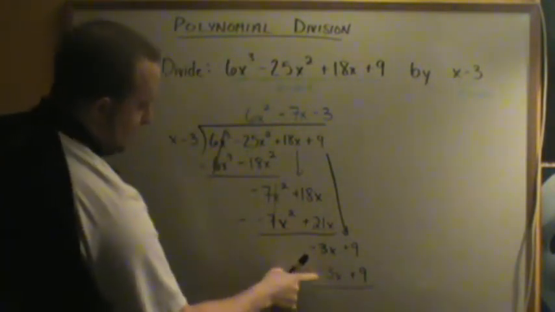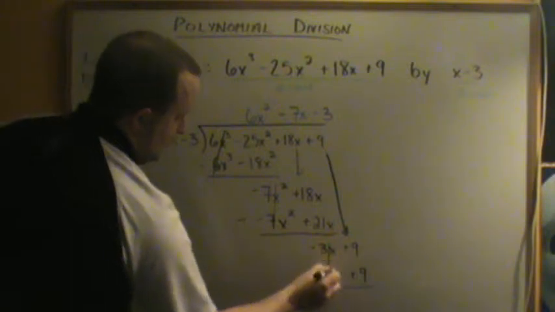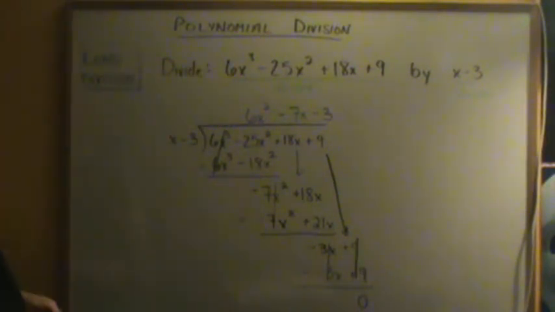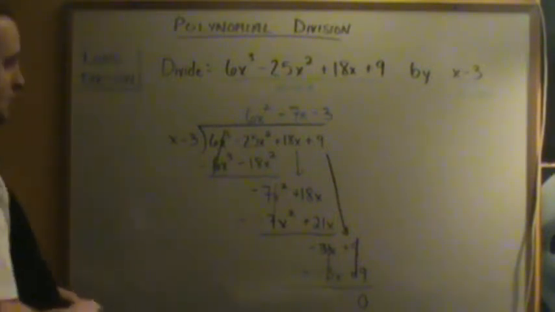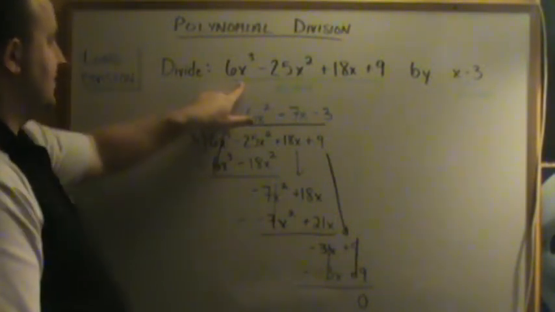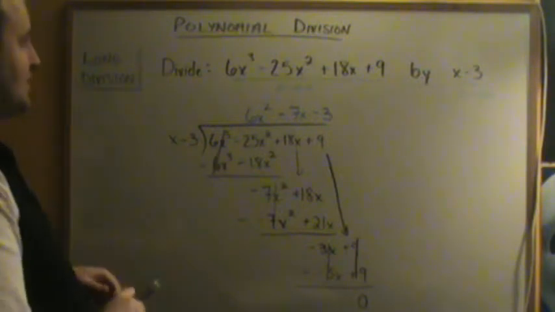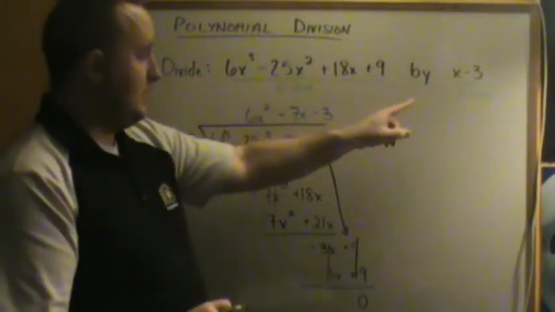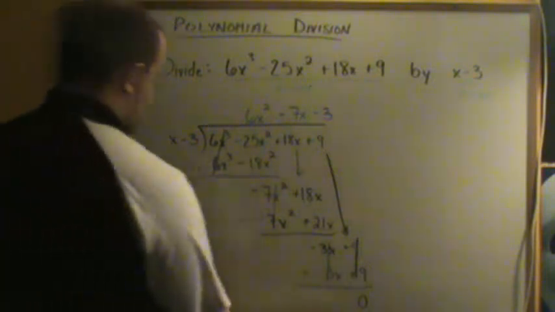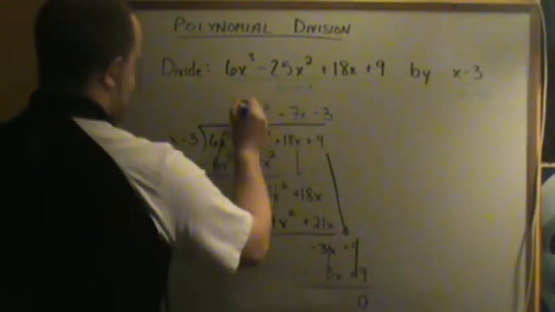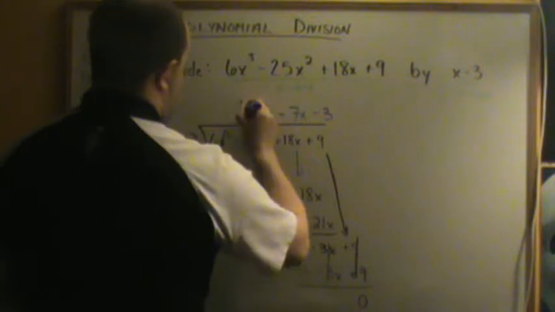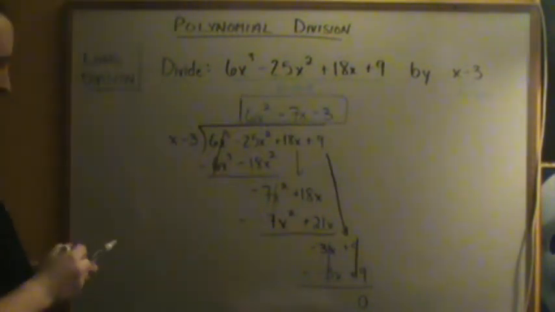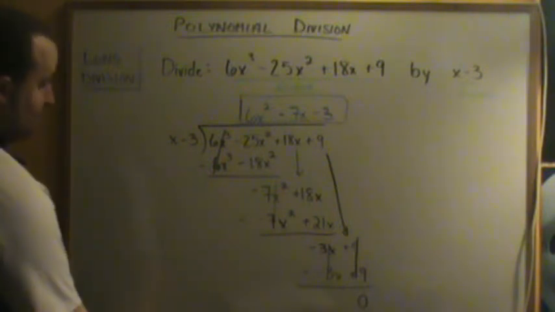And when we subtract each of these terms, they're going to go away, and you're left with a remainder of 0. So when we divide 6x cubed minus 25x squared plus 18x plus 9 by x minus 3, we're going to get this answer right here: 6x squared minus 7x minus 3.